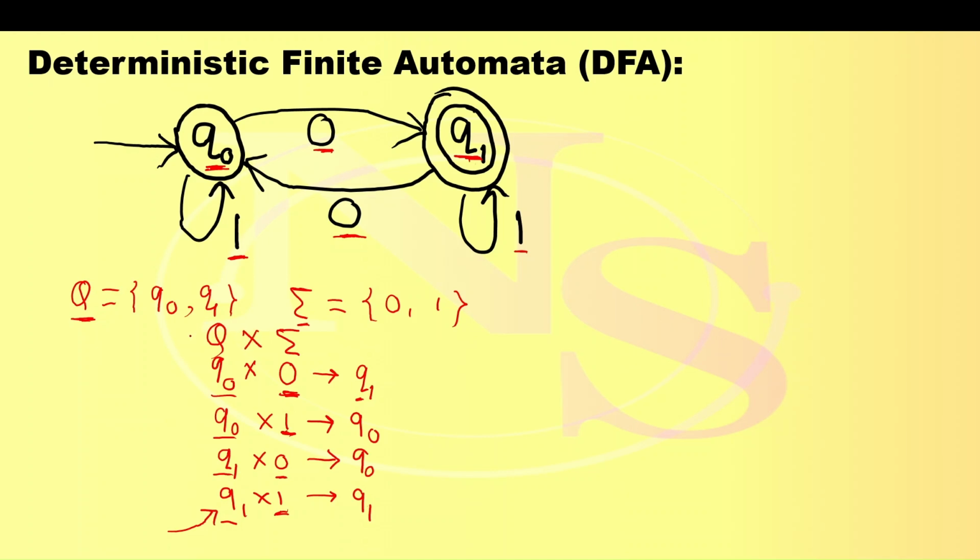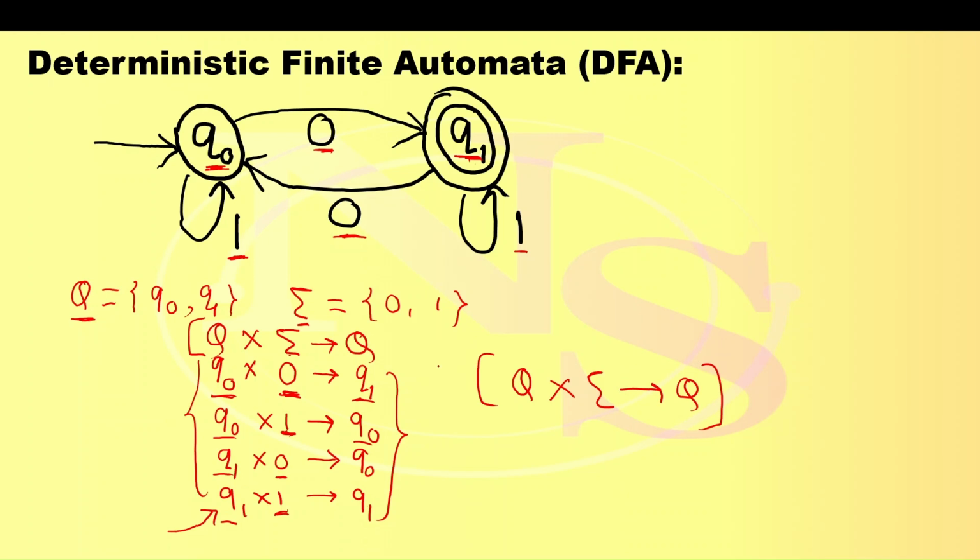Any state reading an input goes to unique states, Q1, Q0, Q1, Q0, which are again the set of states, the same as this set of states. So the first symbol is Q. I will write separately: set of states, reading some input sigma, going to the set of states, again Q. So this is what a transition function is.